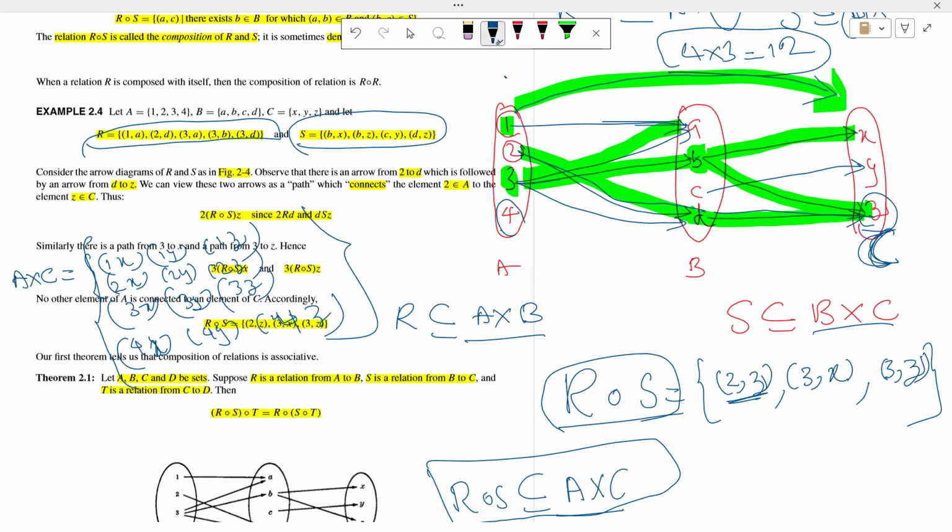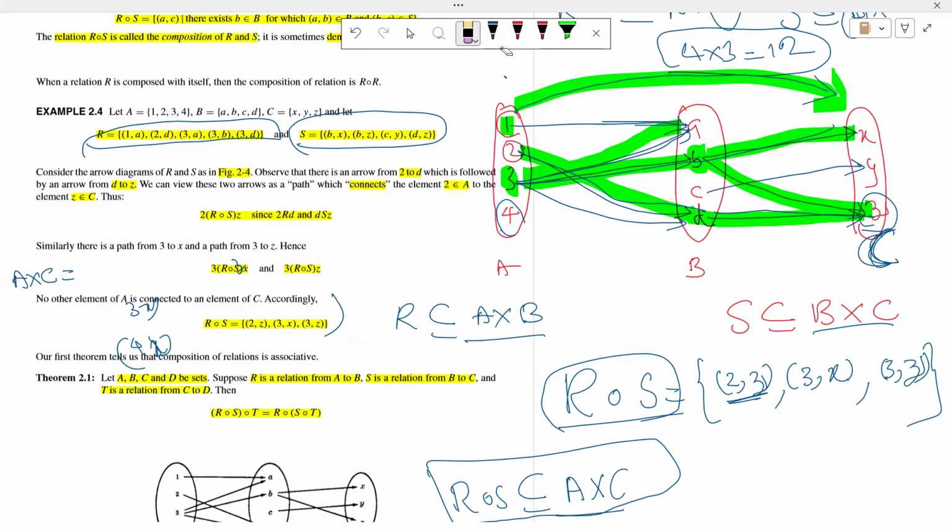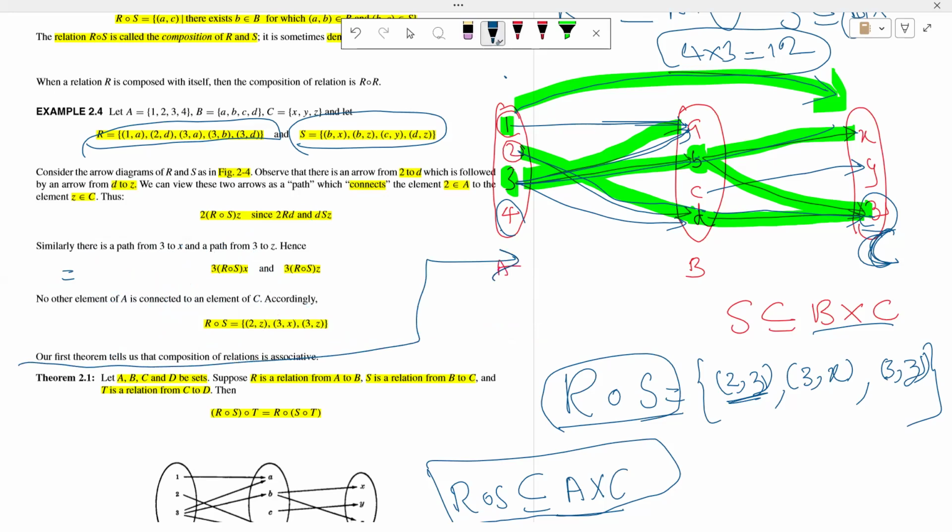Similarly, from 3 there are two ways. This way, only this way, right? But if I move this way, I can't move, right? So likewise, you can find out the composition relation. Just read those things and you can easily understand, right?